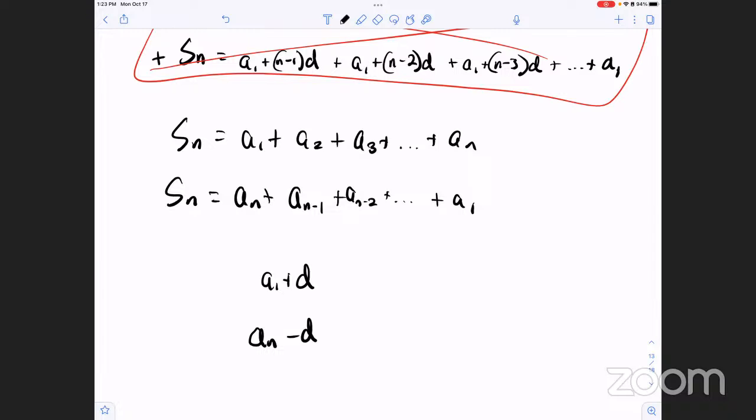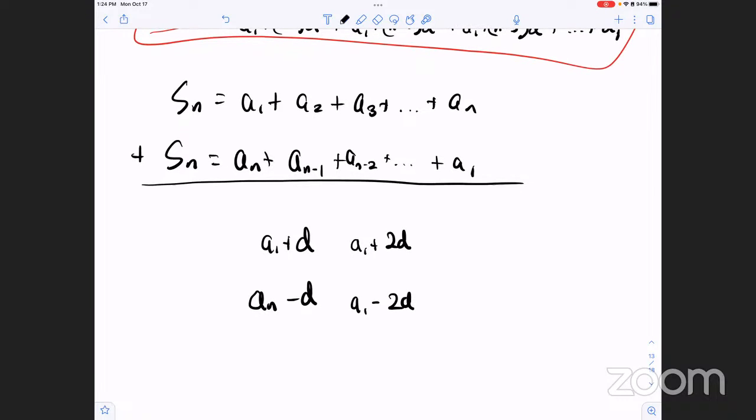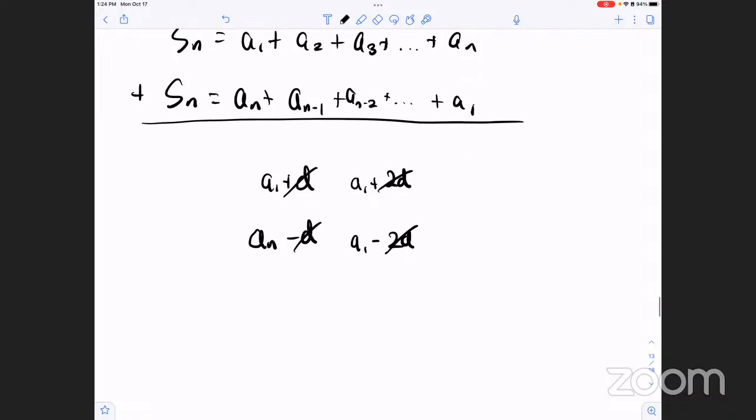For instance, if we consider the third one, that's going to be the first term plus 2 times the common difference. And if we're working backwards, it's going to be the first one minus 2 times the common difference, right? So then when you add that first line plus the second one, basically what's going to happen is this is going to cancel, this is going to cancel, and they all collapse to A1 plus AN, right?